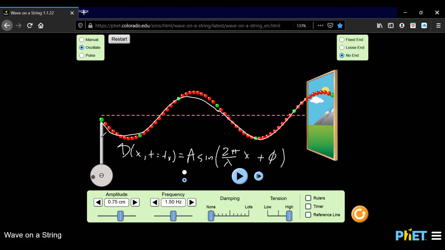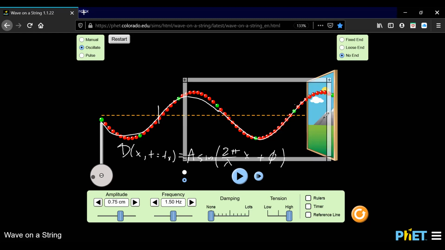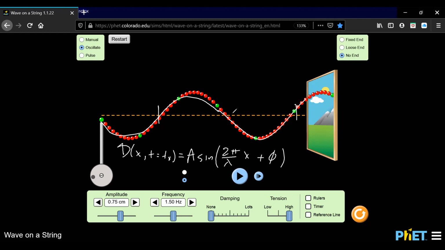And the wavelength of the wave is the typical thing you would expect: if it's at 0, it has to go all the way up and then all the way down and then back. So that is the wavelength of the sinusoidal wave, right? Also, sometimes we do the peak to peak width or the valley to valley width. That's the same thing for the wavelength.